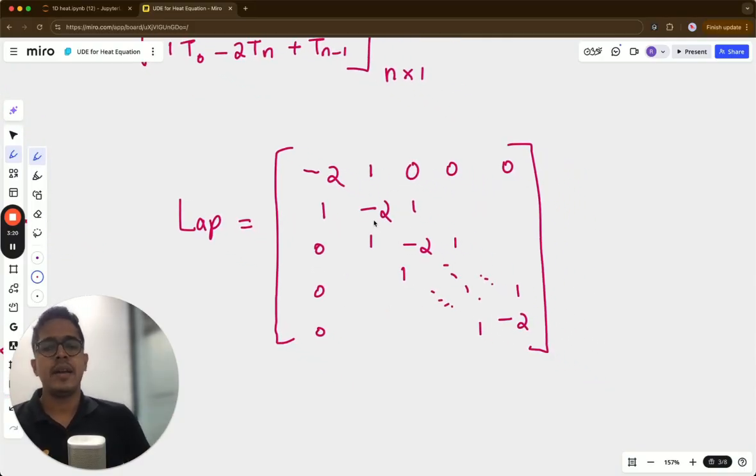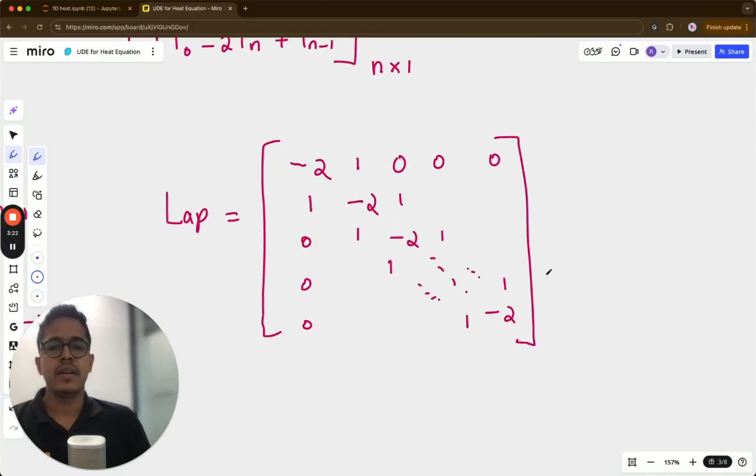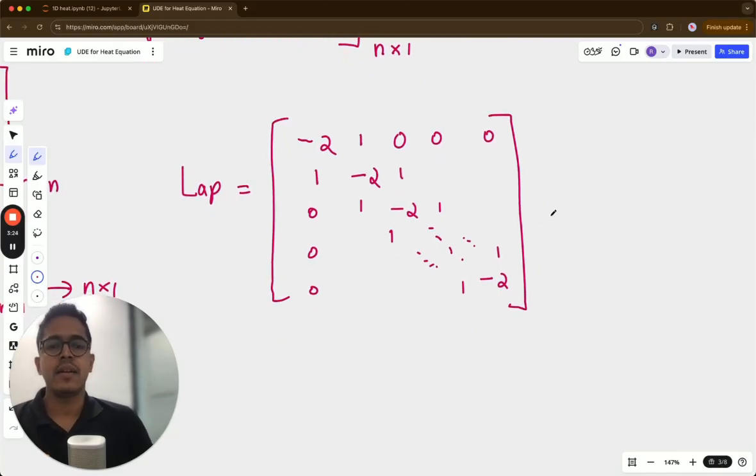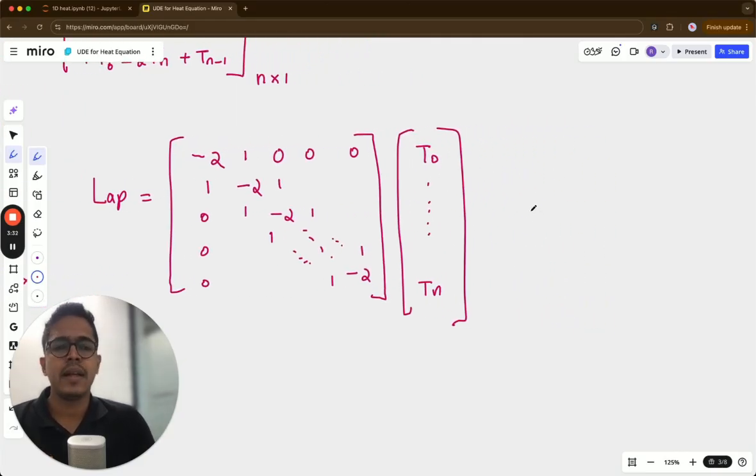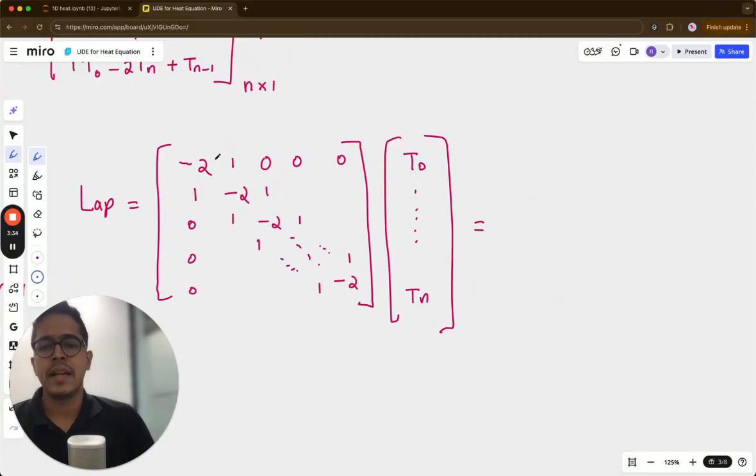What would happen if I multiply this Laplacian matrix lap with my temperature matrix? What is the temperature matrix? It is T0 up to Tn. What would the product be? The first element would be -2 T0 plus T1.